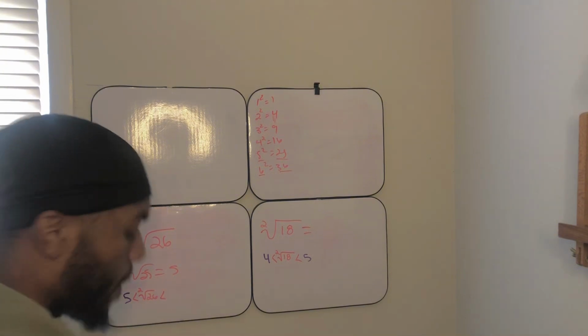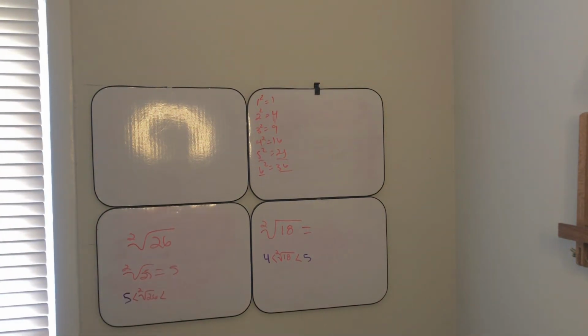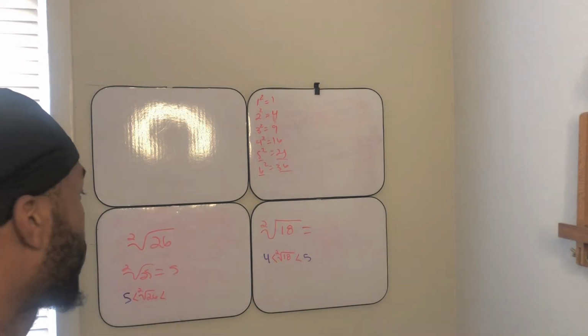Right? Because again, the square root of 25 is exactly 5. So if we increase that square, it's going to be a little bit bigger than 5.